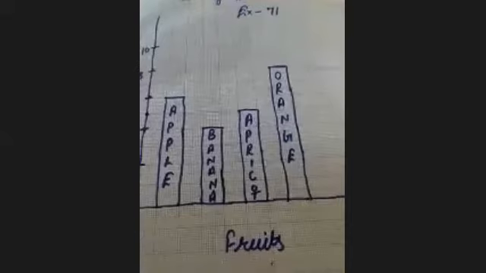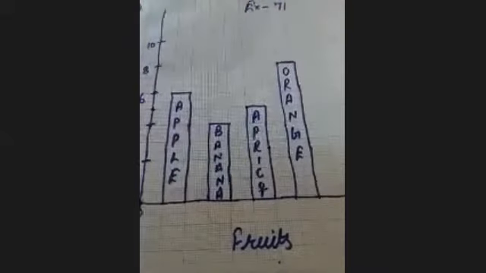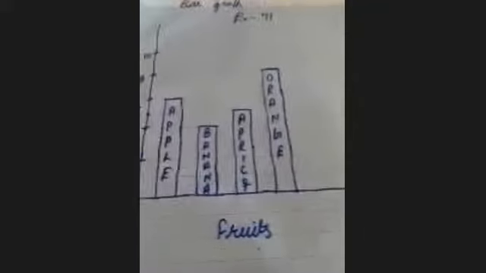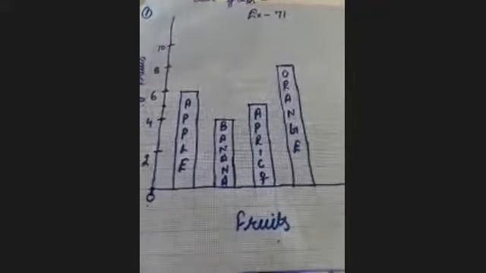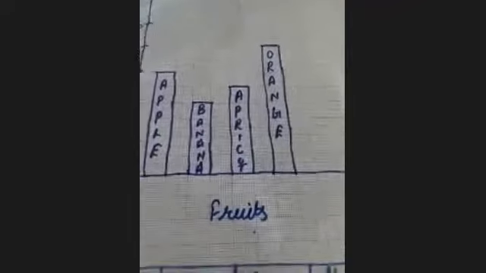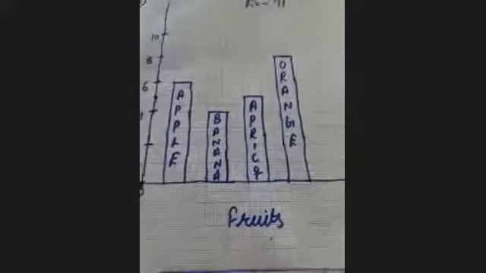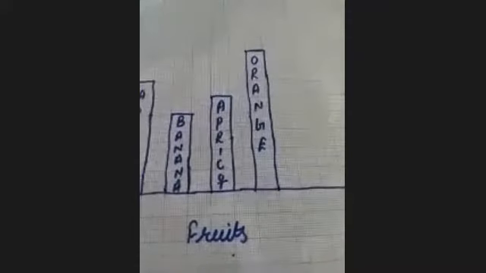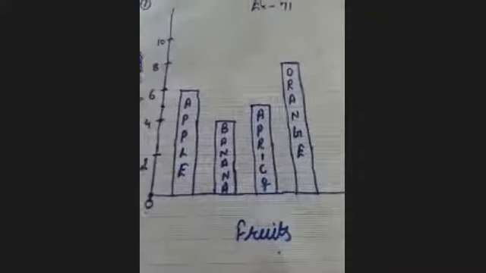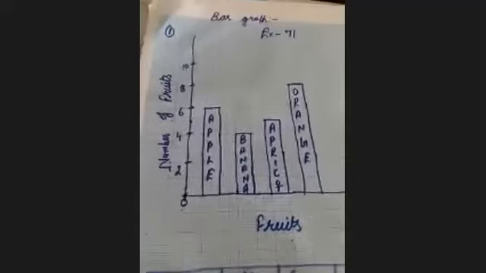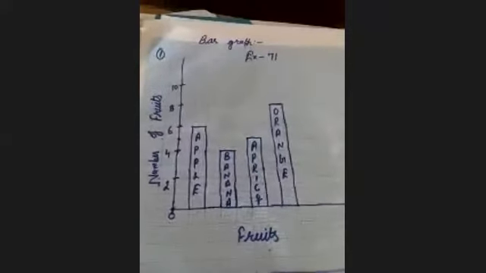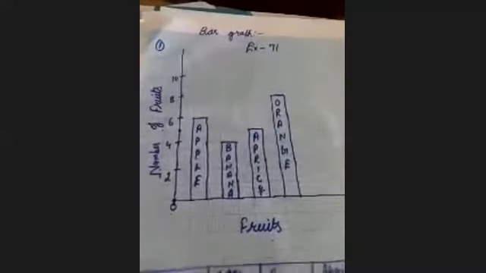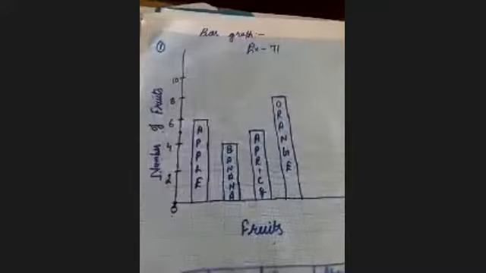Next fruit is banana, there are 4 bananas. Then apricot, 5 apricots in this basket. And last is orange. So students, this is a bar graph to represent this information. Clear, students?